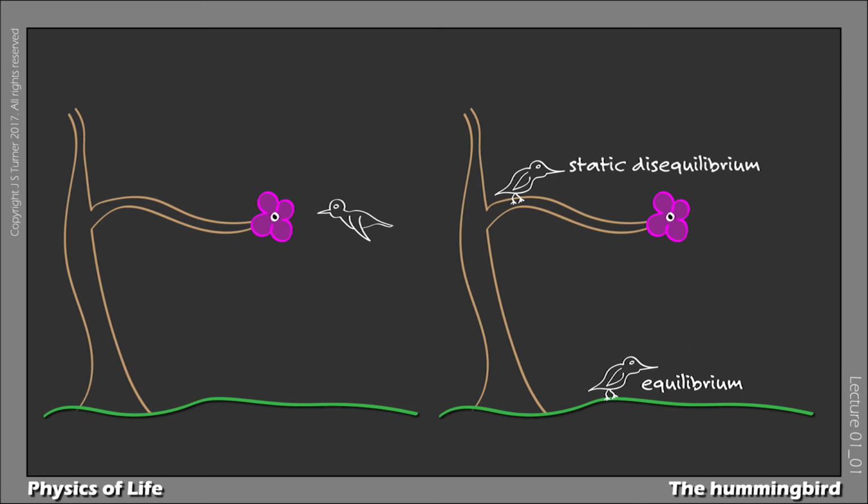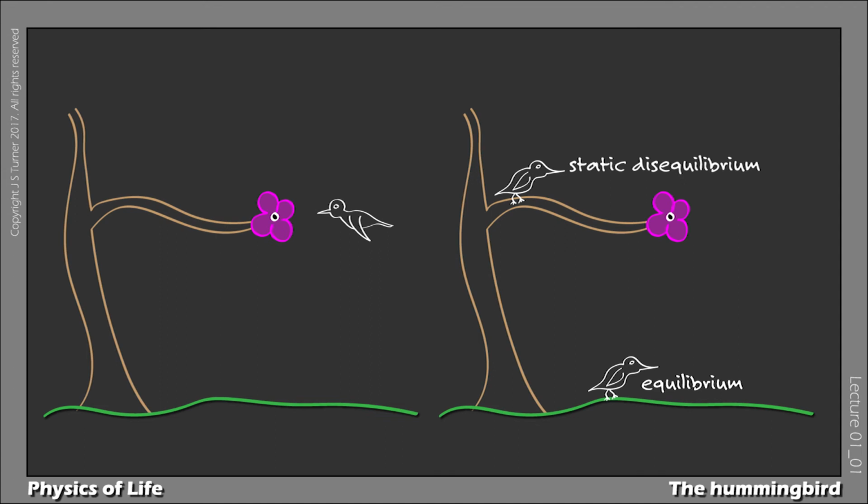The hovering hummingbird, on the other hand, must do work continually to offset the ability of gravity to do work on the hummingbird's body, that is, to make it fall to the ground. The hummingbird's body is as stationary as the body of the bird sitting on the branch, that is, the hovering hummingbird is also in a state of disequilibrium, but now work must be done continually to sustain the disequilibrium.